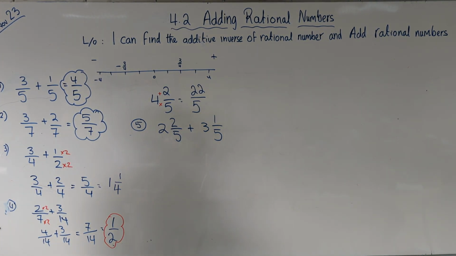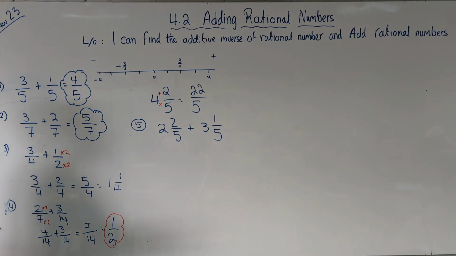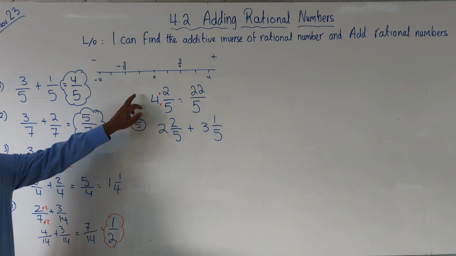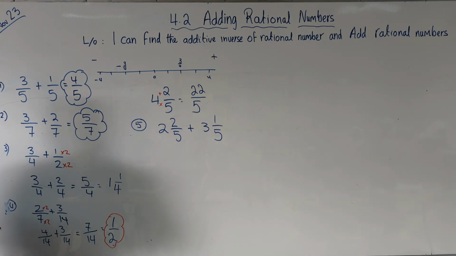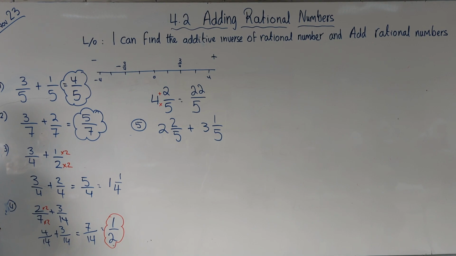Let's see who does that for me. Do it in the book and then I'll come around and see if your answer is correct. Remember, you just have to follow these to make them improper fractions. And then the denominators are the same. All you have to do is add the numerators.